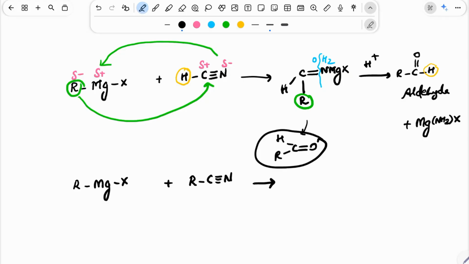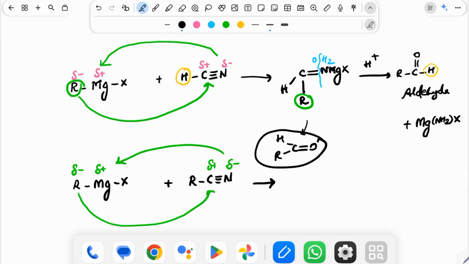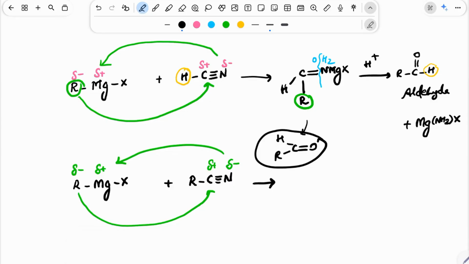So this RMgX is going to react with RCN, alkyl cyanide or alkane nitrile. Here, partial positive charge on carbon, negative charge on nitrogen. Here, positive charge on magnesium, negative charge on R. So this minus attacks positive. For the addition product, while we write, we should remove one bond.